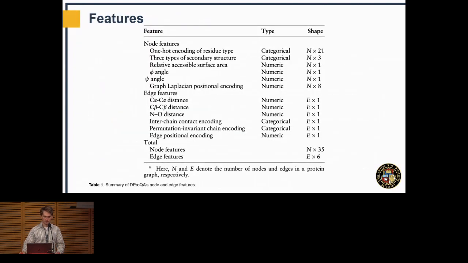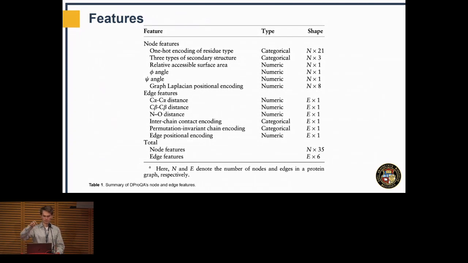And then in terms of how we view the protein structures, this is also key. Not only do we have a graph neural network or graph transformer that we use, how you encode it is also very important. So I'll highlight some of the key points. We have one-hot encoding of the sequence of the protein complex as input. That's a categorical variable. We also have some secondary structure information or context and other geometric features, for example the phi and psi angles, so we get some backbone encoding.